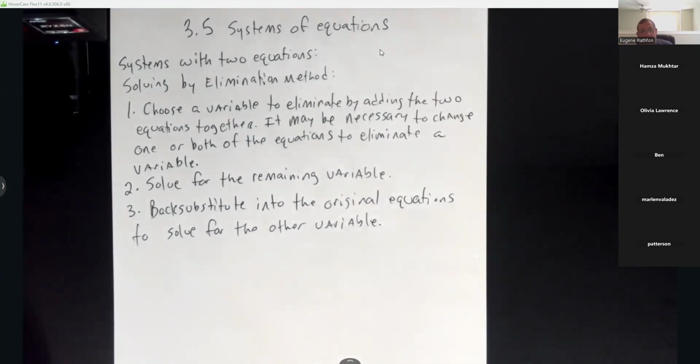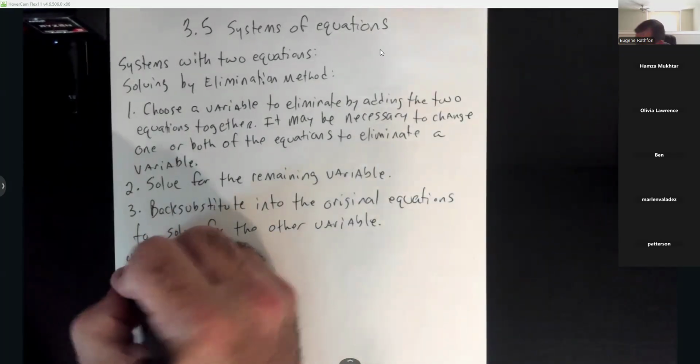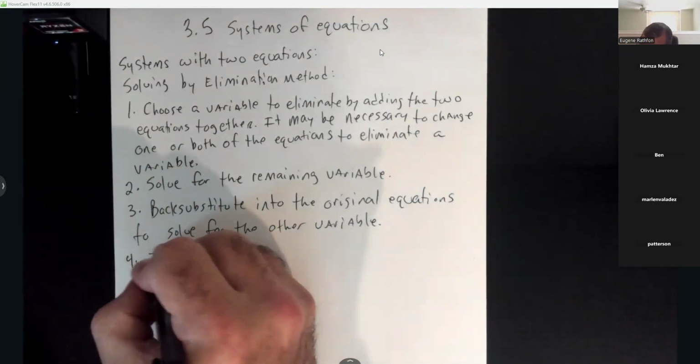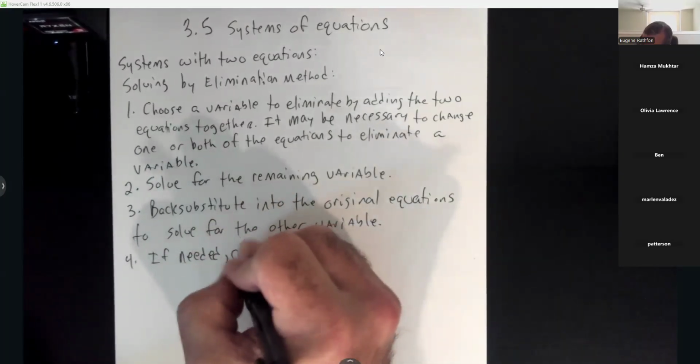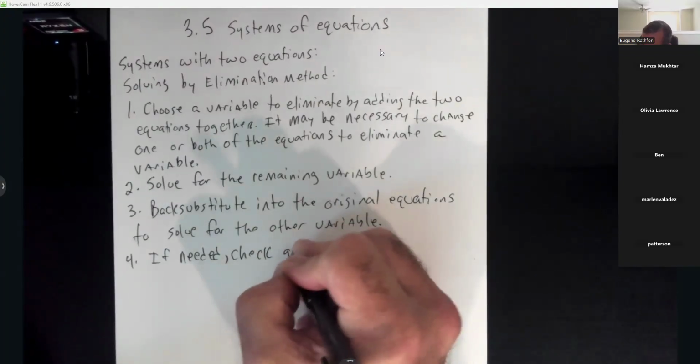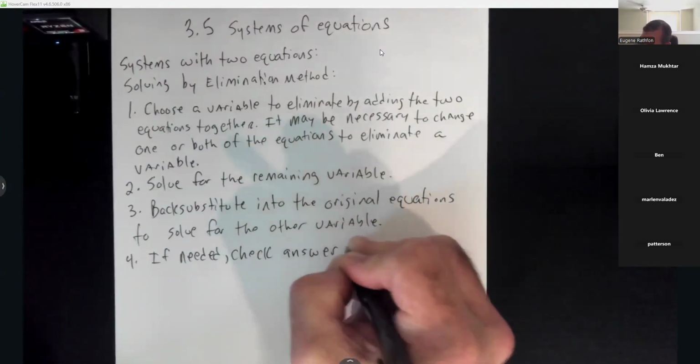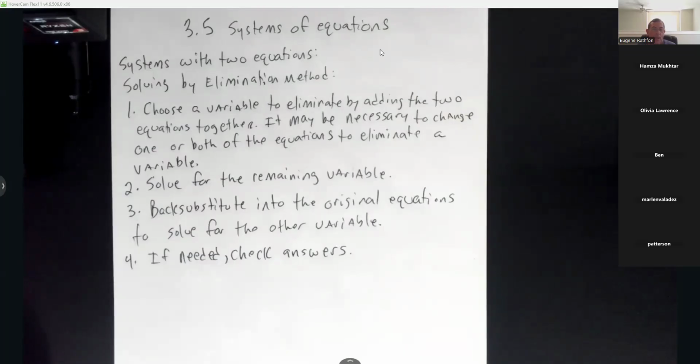All right, y'all, since this is an equation, if needed, check your answers. You can plug both variables into either equation that you started with.